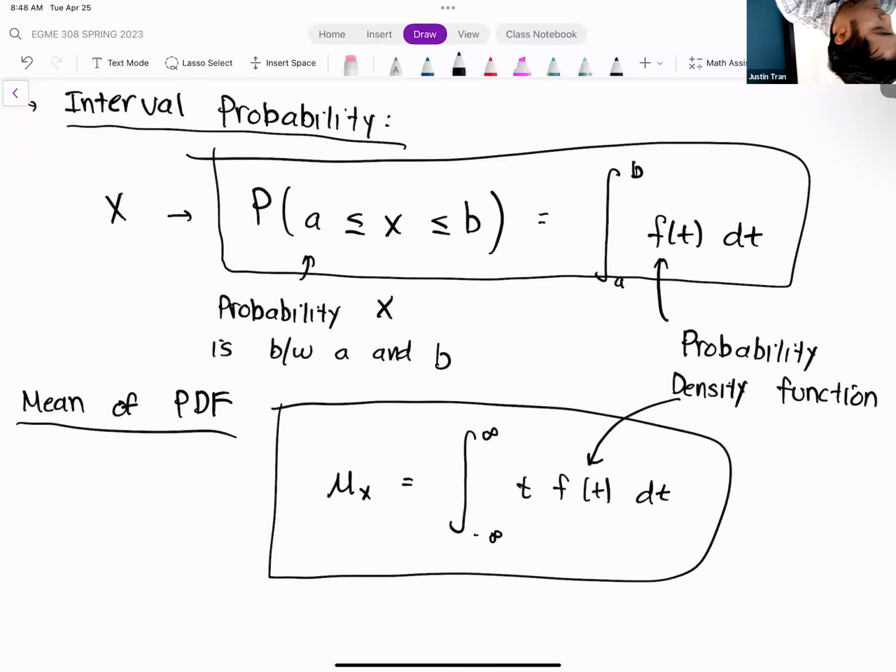So this f of t is again the probability density function for a random variable. You take that probability density function, multiply by t, and integrate it. That's going to give you the mean value. Remember our definition for the mean: you take a bunch of samples and divide by the number of samples.